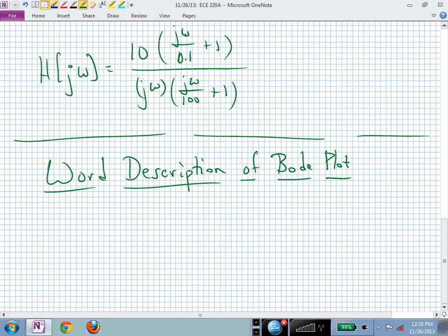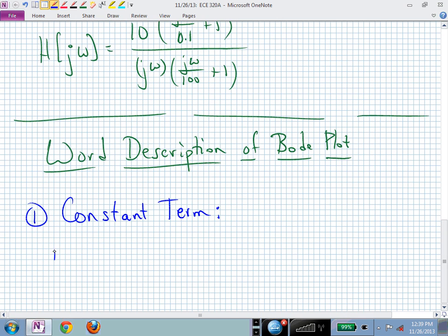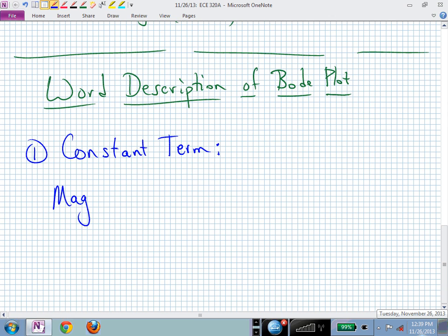Let's say that the first one that we will talk about is the constant term, or the constant factor. In this case, it's 10, and we have 2 pieces for each of these terms. We have a magnitude piece and a phase piece.